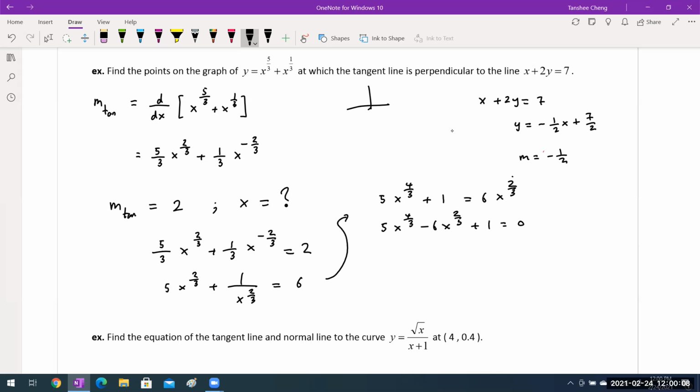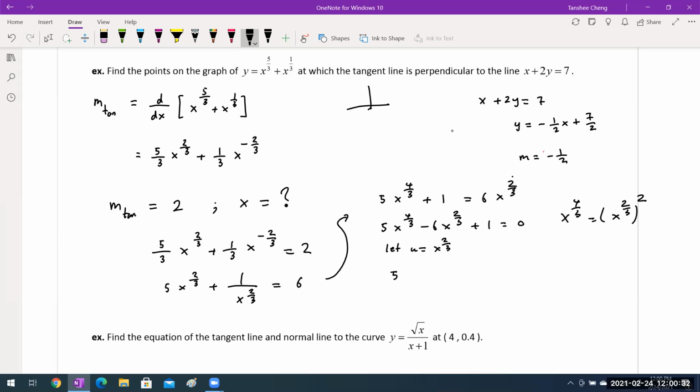And from here, what I can do is use the quadratic form to work on this. You can see that x to the 4/3 is x to the 2/3 to the second power, right? So we can use the quadratic form, saying that let u be equal to x to the 2/3 power.